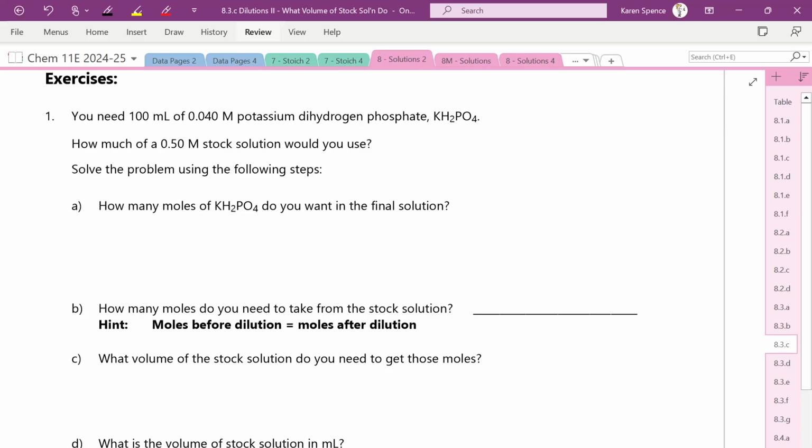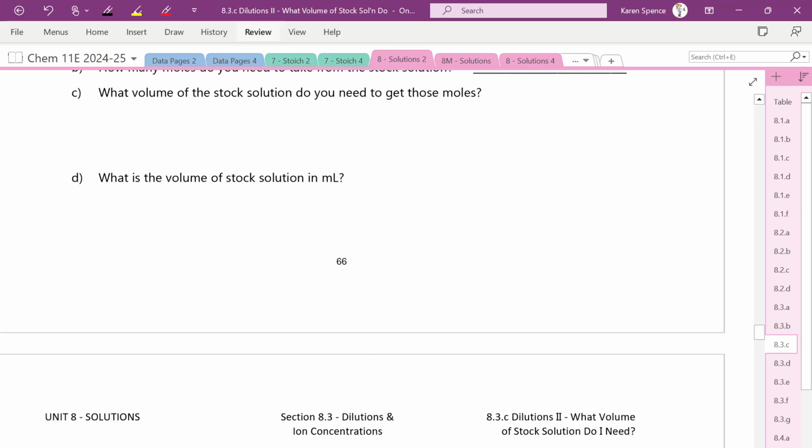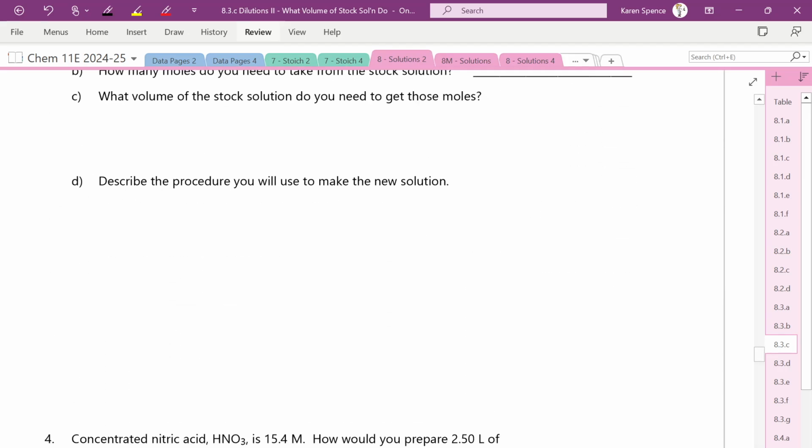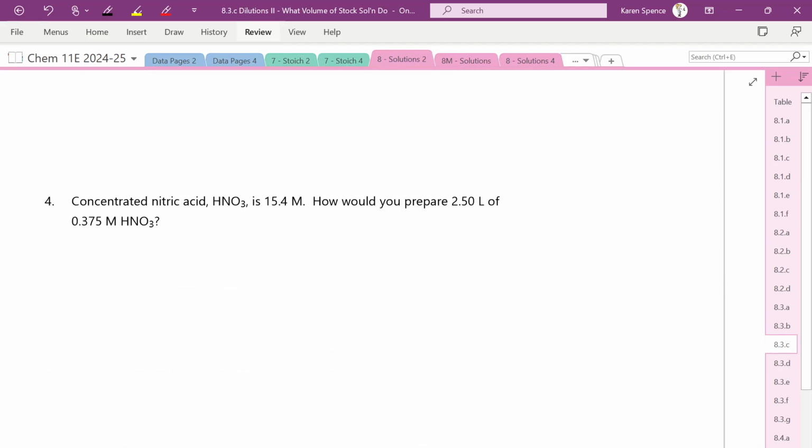But if you would like to have your hand held, then go ahead and follow these steps. It walks you through numbers 1, 2, and 3, and then number 4 is like, I've stopped holding your hand. You can just do it all in one step if you want to, or in several steps. So your homework is 8.3a, b, and c.